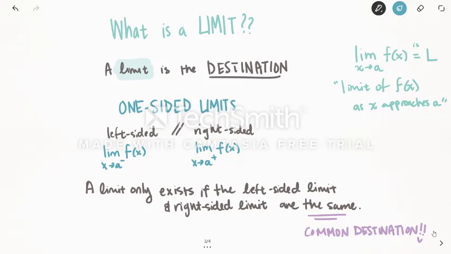Now, when we say the limit only exists if the one-sided limits are consistent, are the same, that means we're looking to see if these are equal.